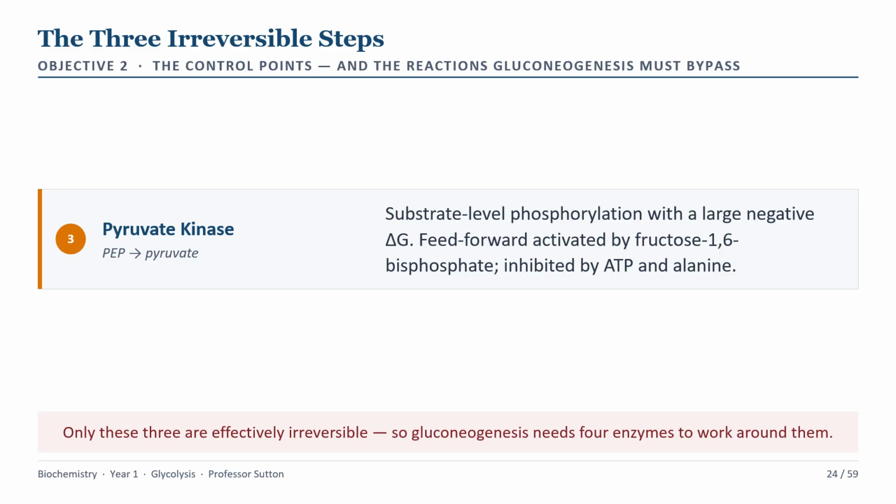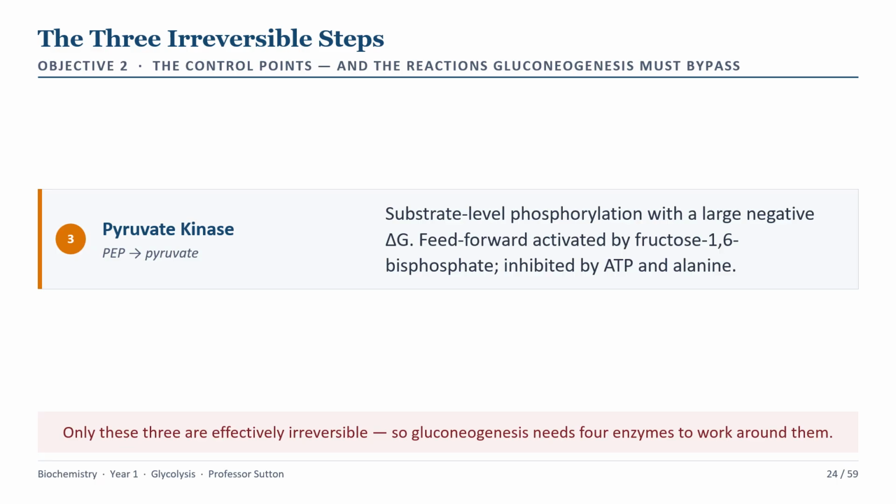Always be ready to say the regulator list out loud, because the exam tests the direction and not just the name. Glucose 6-phosphate inhibits hexokinase, but not glucokinase. ATP inhibits both phosphofructokinase 1 and pyruvate kinase. High energy charge shuts down the pathway at both ends. AMP activates phosphofructokinase 1.